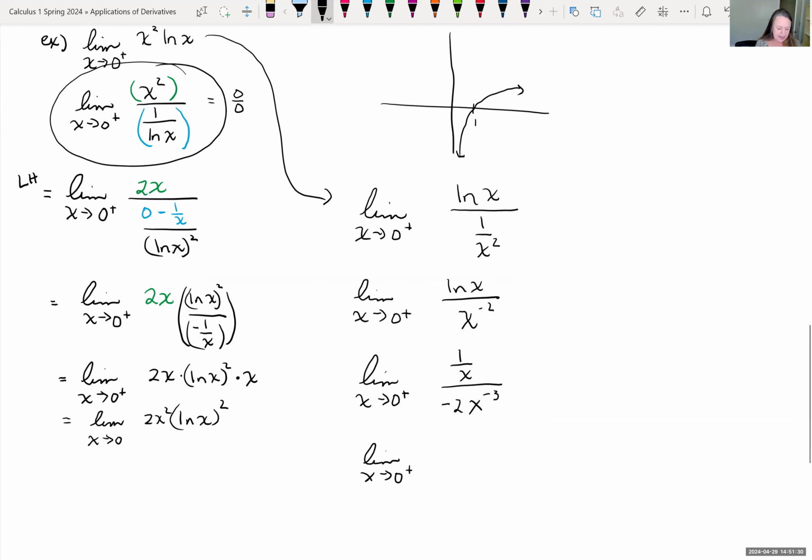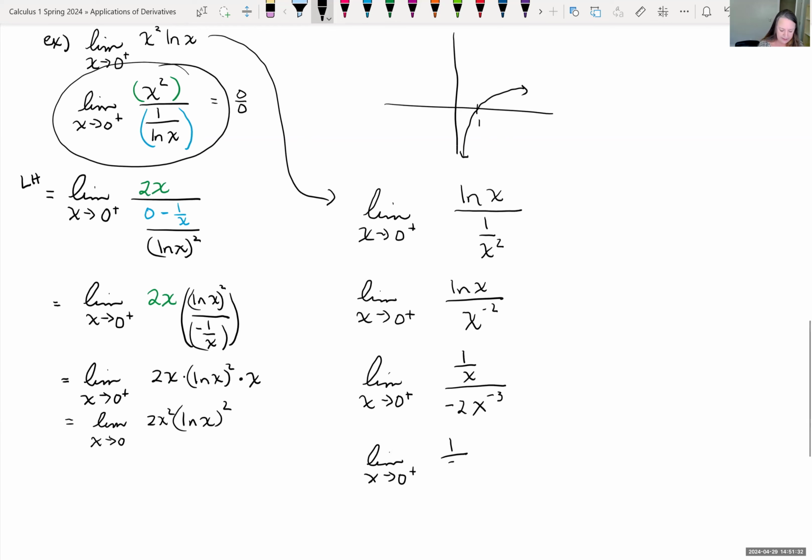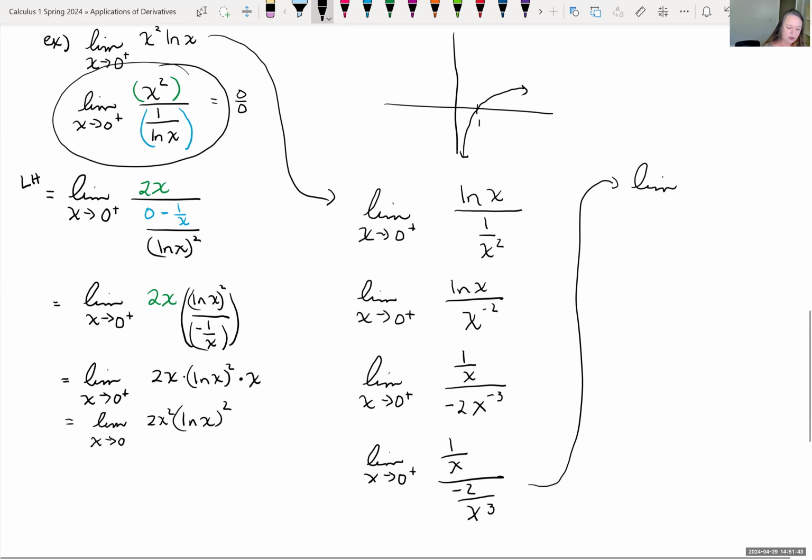This is the same thing as 1 over x divided by negative 2 over x cubed. Looks like this might have worked. So the limit as x is going to 0 from the right of 1 over x times the reciprocal, which would be x cubed over negative 2.